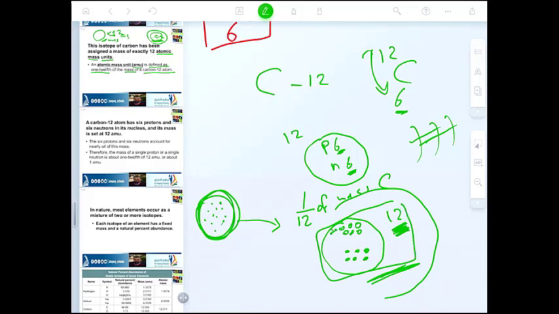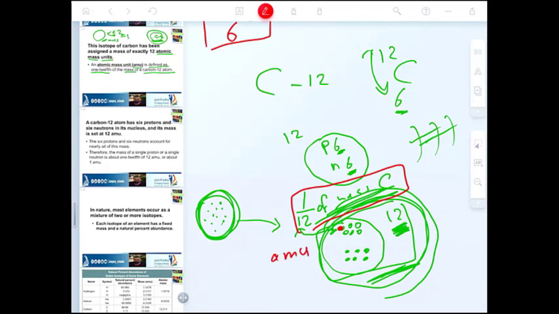Each one equals 1 over 12 of the total mass of carbon. So 1 over 12 of the mass of carbon means only one individual of these 12, which is called AMU, or atomic mass unit.